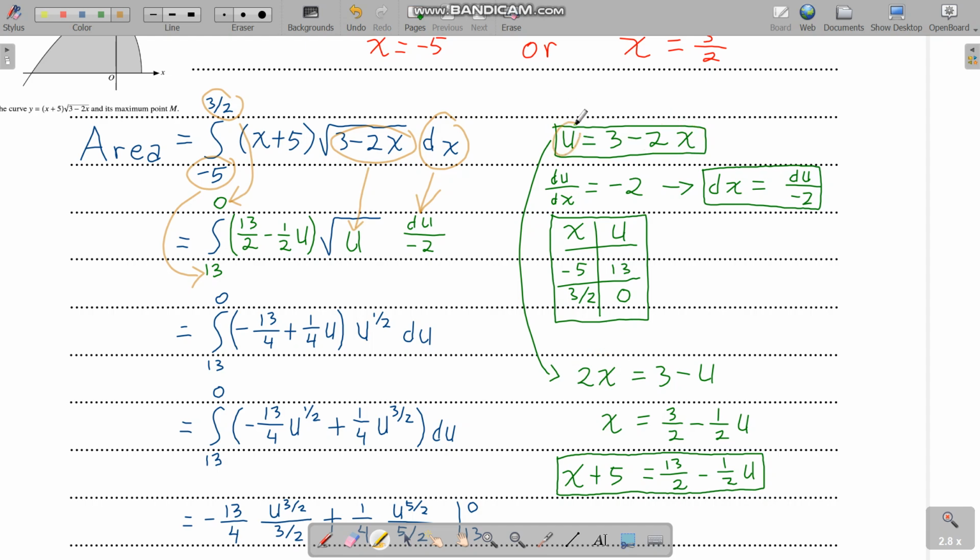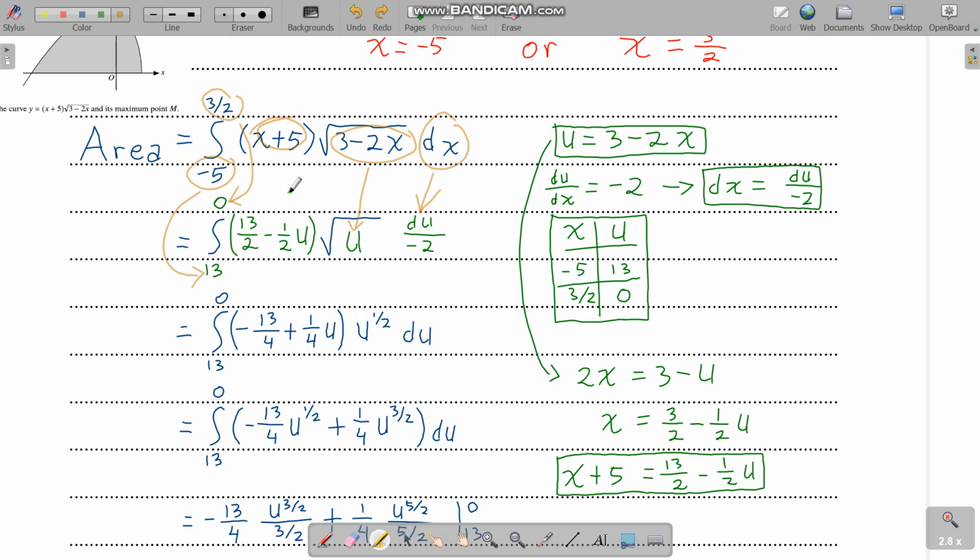We move the u to the right, we get minus u, and then we divide both sides by 2. So we have x equals 3 halves minus 1 half u, and then plus 5. 3 halves plus 5 is 13 over 2. So now we can replace x plus 5 with 13 over 2 minus 1 over 2u.